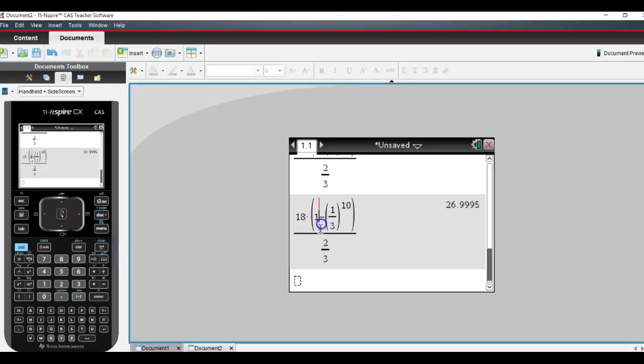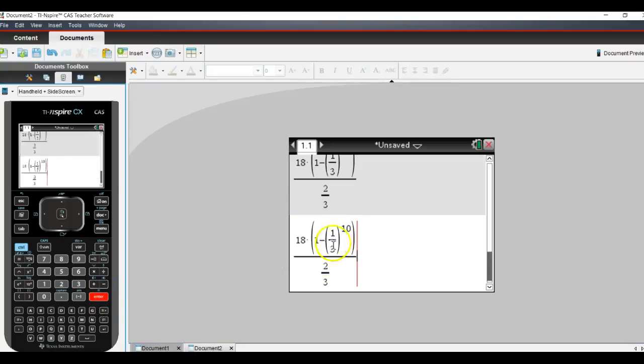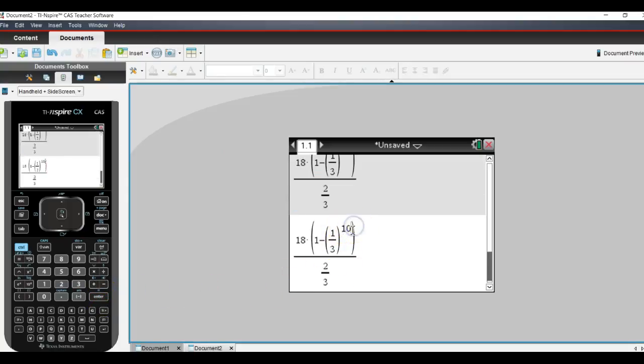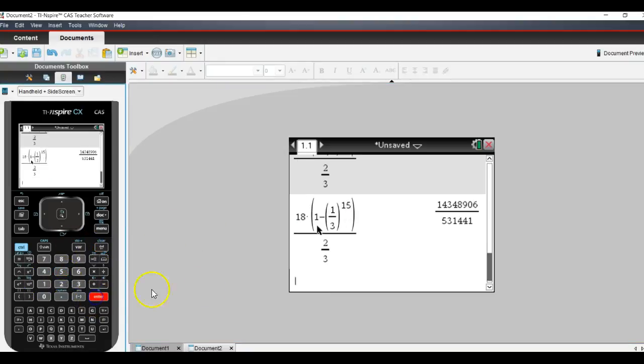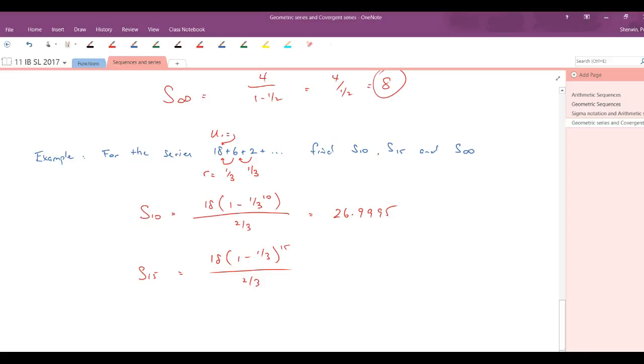I think what we have to do is copy this down. Now we can change that to 15, and when I approximate that, we've got 27. I don't think it's actually equal to 27. I think the calculator has rounded it off because it is so close to 27.